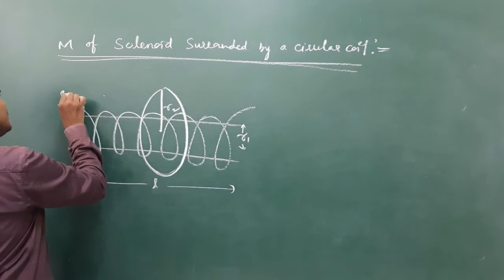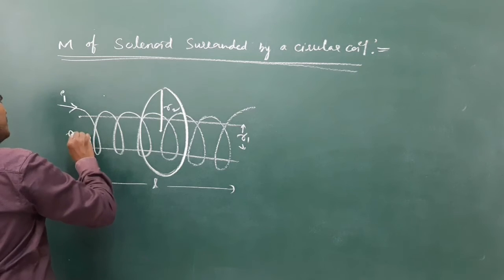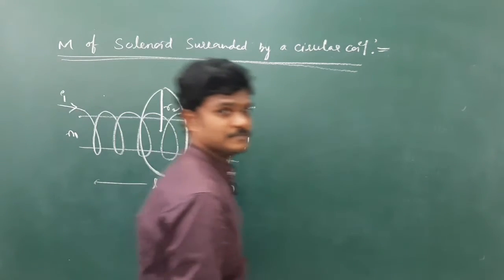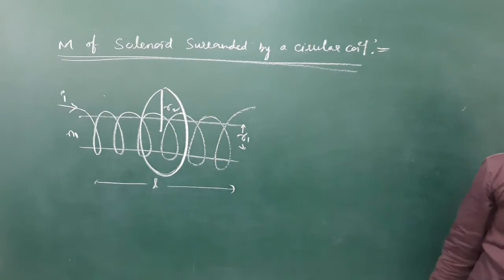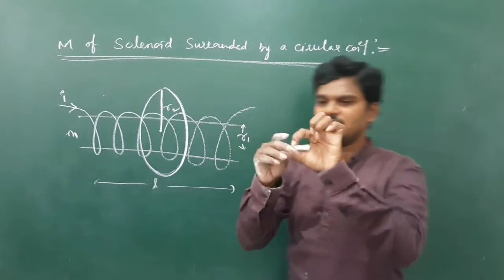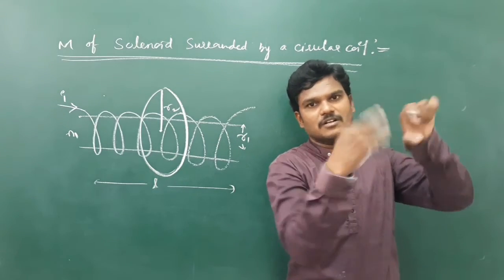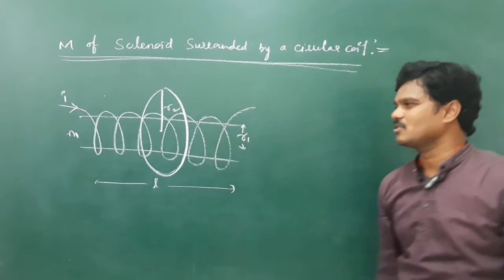Let us suppose I is the current. Here N1 is the number of turns. Try to find this one. The solenoid is surrounded by a circular coil whose radius R2 is given.